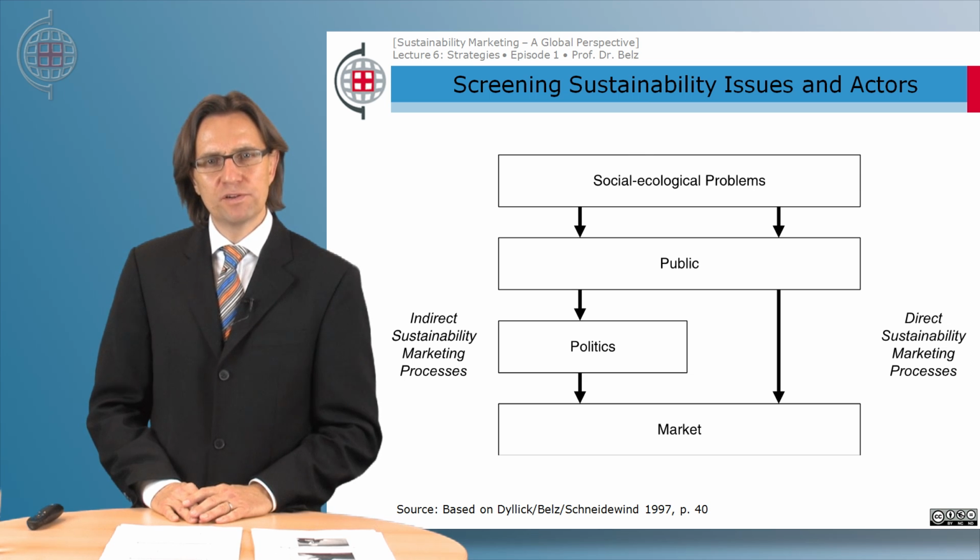So the European Union, for example, put a price tag on CO2 emissions by cars.